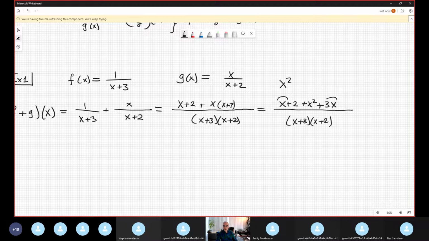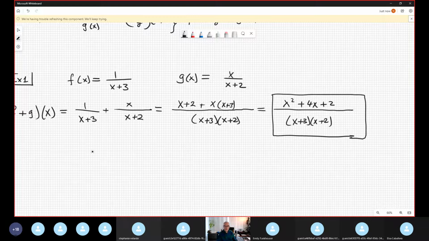This is x squared plus 4x plus 2. If you want, I erase that part and you replace it with this. You can do another operation here, but no. Either way, this is my final answer. This expression corresponds to the combination of the function f plus g.